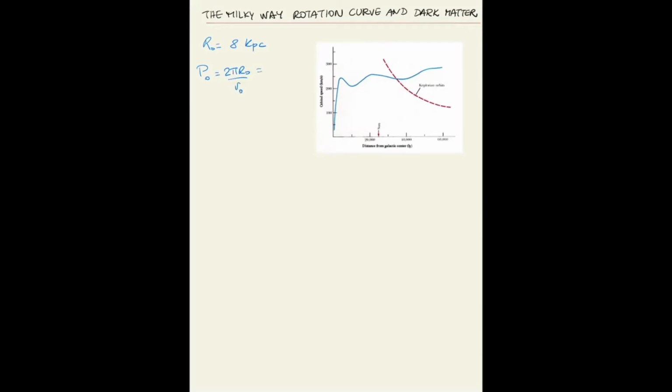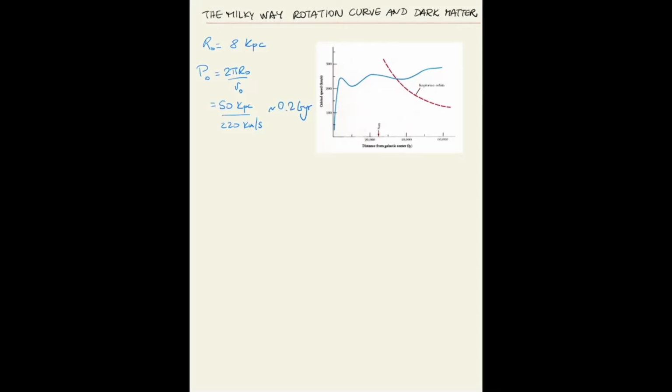So that gives you 50 kiloparsecs over 220 kilometers per second. It gives you about 0.2 gigayears. So during the Sun's 4.6 gigayear lifetime, it has gone around the galaxy center around 20 times.